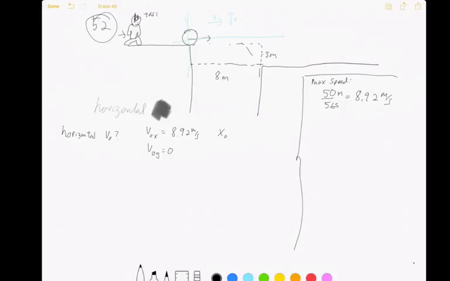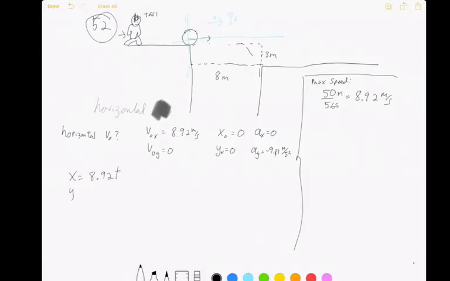X0 is equal to 0. Y0 is equal to 0. AX is equal to 0. AY is equal to minus 9.81. So let's put these into equations. X is equal to 0 plus 8.92 times t.